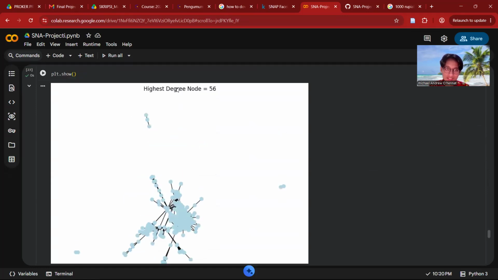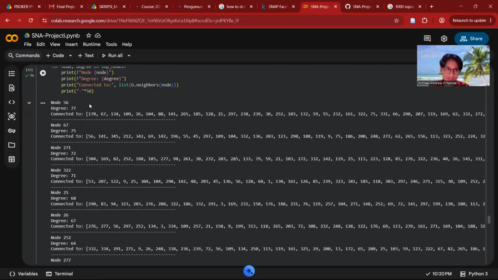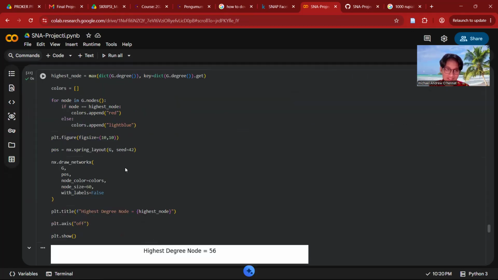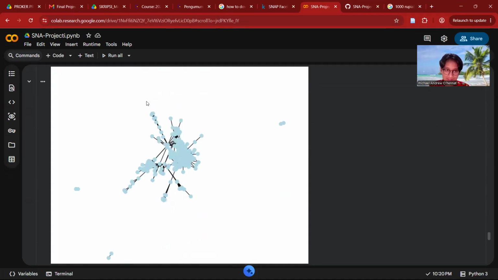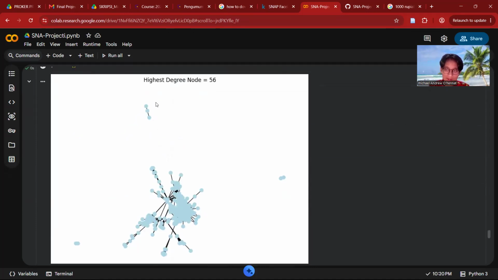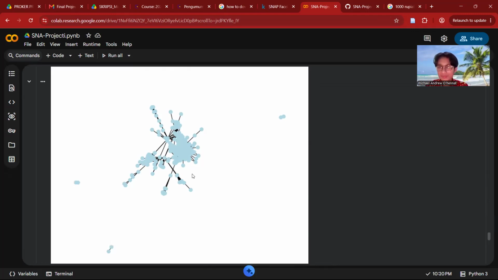This is only the highest degree for node 56, because node 56 is the largest in here. So I tried to display it, and this is what I got. The reason why these nodes are separate, I guess, is because in this research I only focus on ego number 0, like I said before.